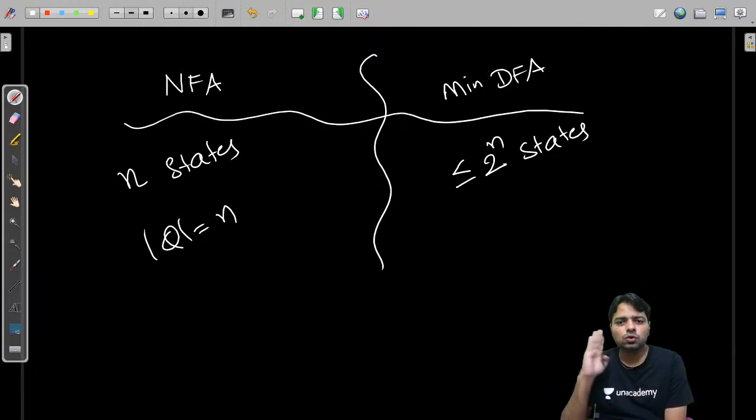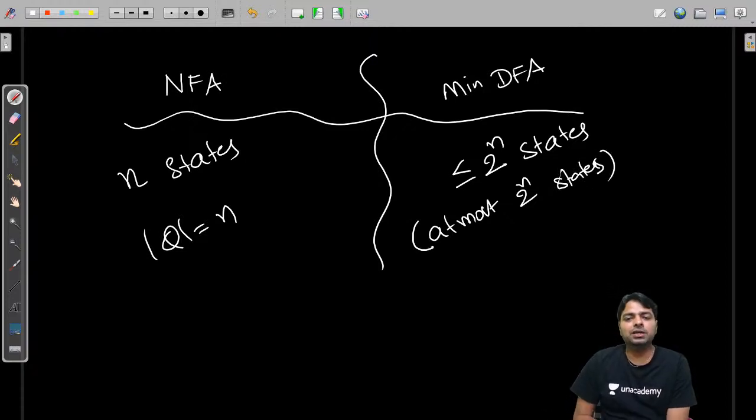Is that clear? At most 2 power n states in the minimum DFA, because we have already proved that a DFA with 2 power n states exists. Clear? This was a 3 times GATE question, and it is very easy to answer.